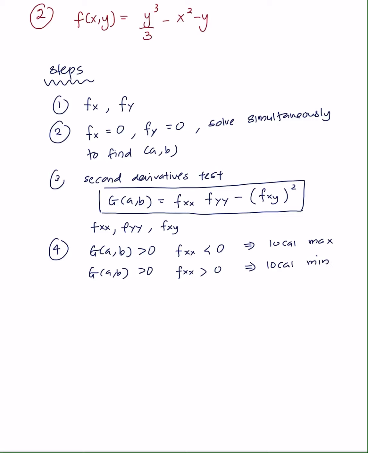If G(a, b) is less than 0, it will be a saddle point. And if G(a, b) is equal to 0, there is no conclusion.